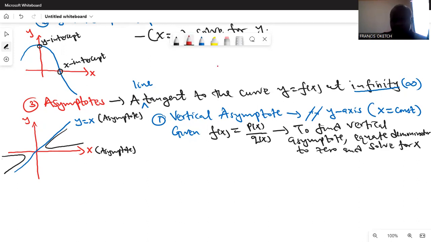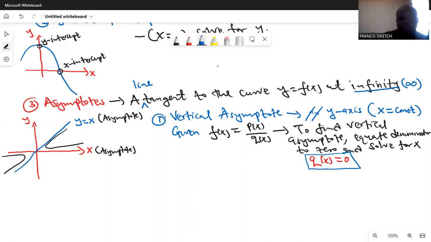That means the points where q of x is equal to 0. When you solve it, this equation will give you the values of x, and so those are the vertical asymptotes. So solve for x.